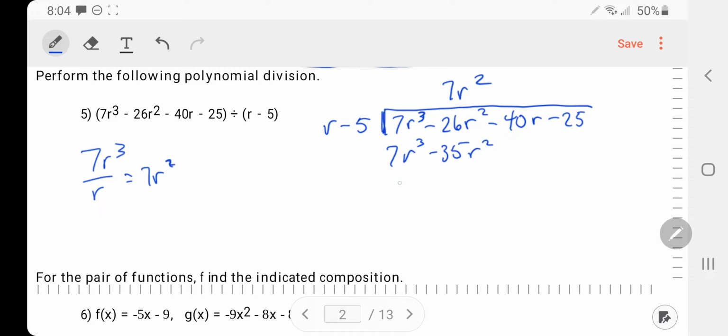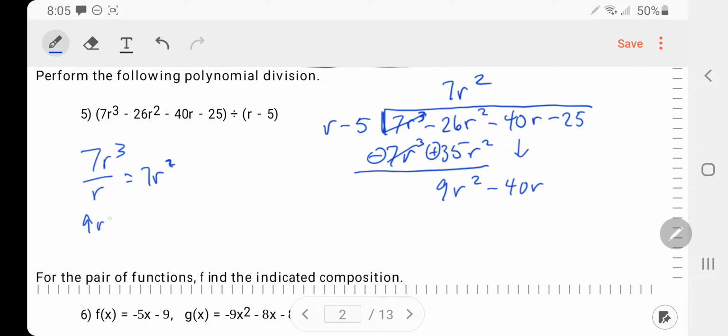All right, now listen, pay attention. When I draw the line, I need to change the signs. Draw the line, change the sign, and then combine. 7r cubes are going to cancel. What is 35 minus 26? Is that 9? Let me check. Yeah, that is 9r squared. Now the minus 40r comes down, and then we rinse and repeat.